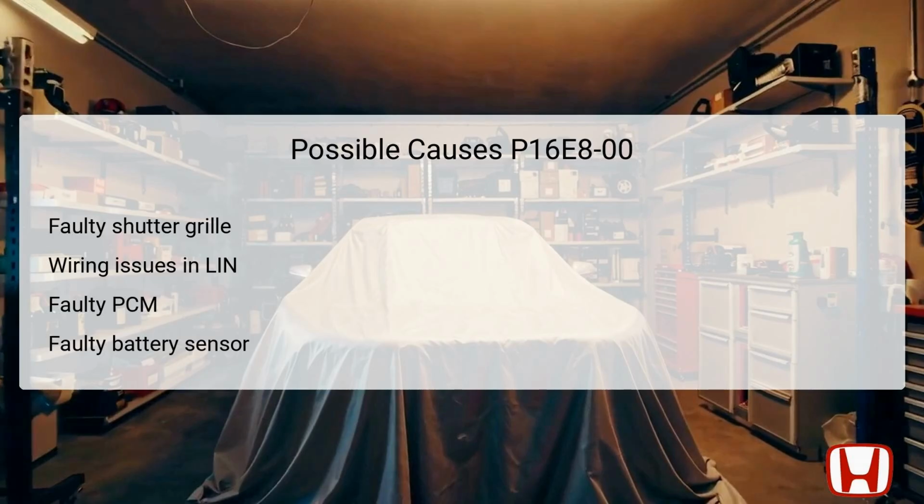Additionally, if the PCM itself is faulty, it may not process incoming signals as expected, leading to a communication error. Another factor to consider is the 12-volt battery sensor, which also interacts with the LIN. Any failure in this sensor can disrupt communication further, thereby causing the DTC. Each component must be thoroughly inspected to determine the root cause accurately.